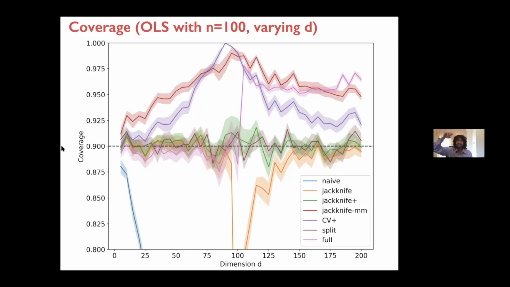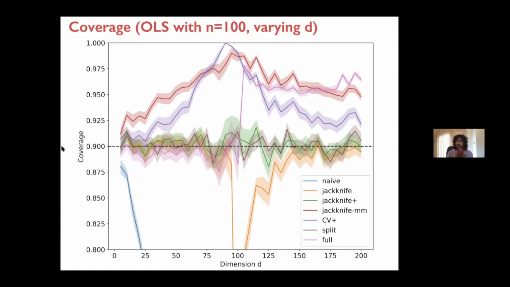We are truncating the Y so that we don't have to search over the whole real line, but essentially the coverage will go to 1 when D is greater than n. Again, you can use randomization to get 90% coverage, but it's unclear what the best way to do that randomization is to give a sensible interval. So because it's an interpolator, when n is less than D, full conformal starts to suffer.